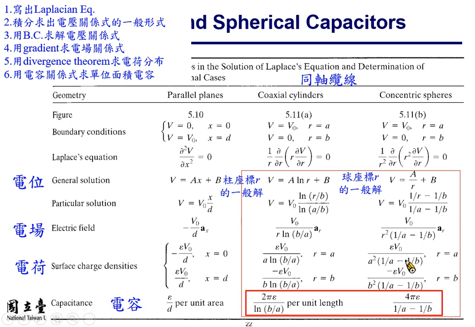And for coaxial cylinders, the Laplacian equation for cylindrical coordinate system is different from this one. So again, this is a second order differential equation, but you need to be careful about R, okay?